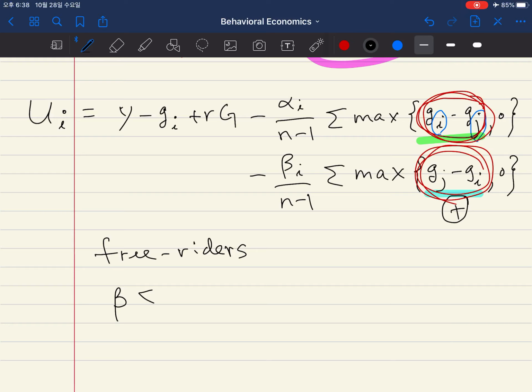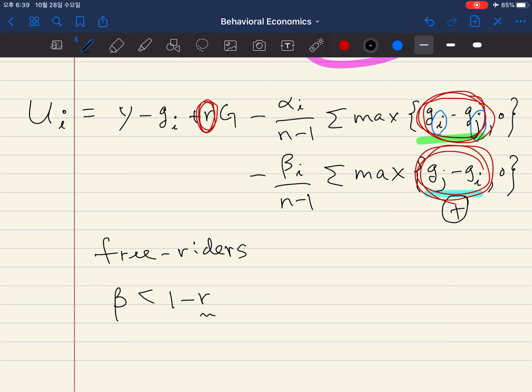In particular, if beta is smaller than 1 minus r, where r is the rate of benefit from public good for each individual, then such an individual is going to free ride. So he doesn't want to contribute to public good at all.